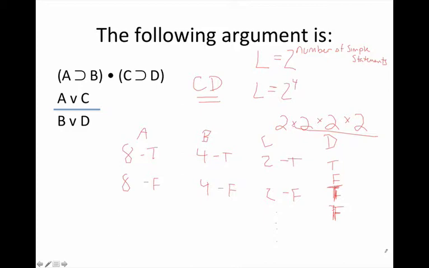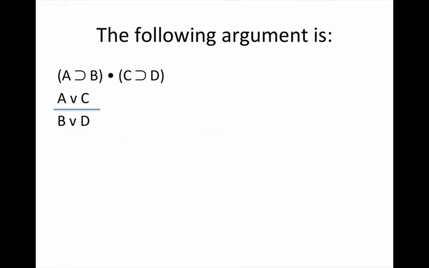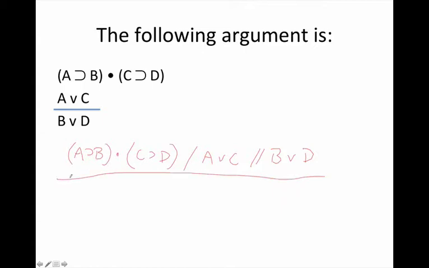So here's how it works. We are going to first erase everything that I've written, and take each of these premises and lay them out just as we would if we were constructing a complete truth table. So we're going to take A horseshoe B dot C horseshoe D, A wedge C, therefore B wedge D. But instead of writing a complete truth table, we are going to construct what's known as an indirect truth table.